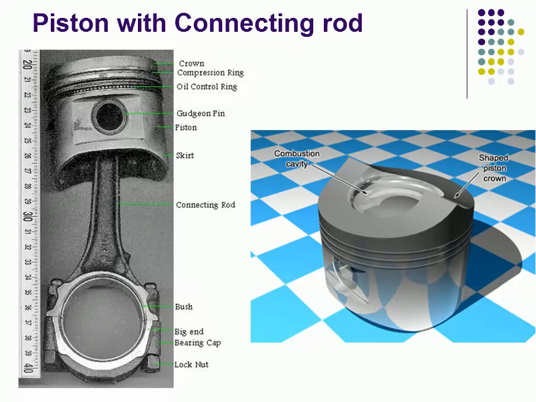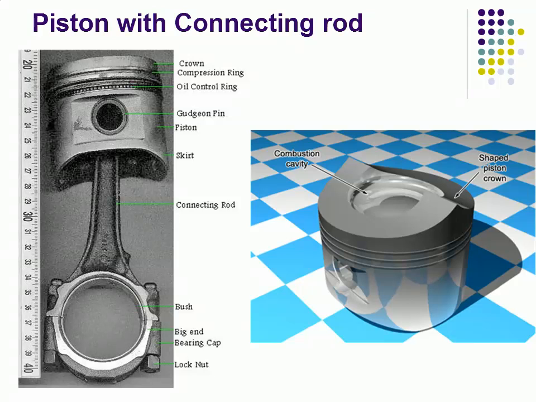Then there is gudgeon pin to which connecting rod is attached, and the bottom of the piston is known as skirt. You can see the connecting rod, and the bottom end of the connecting rod is known as the big end.